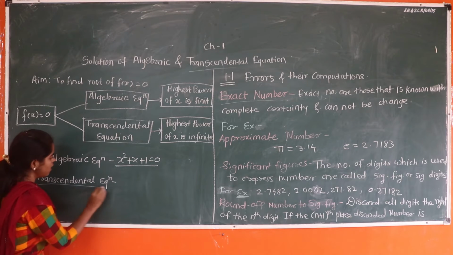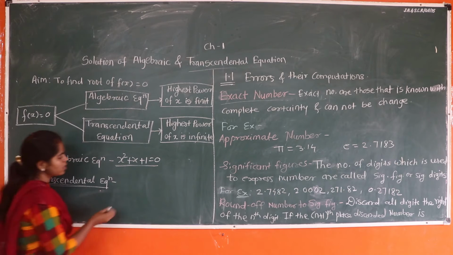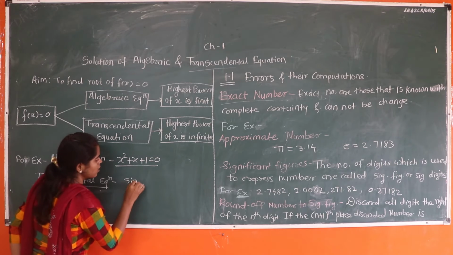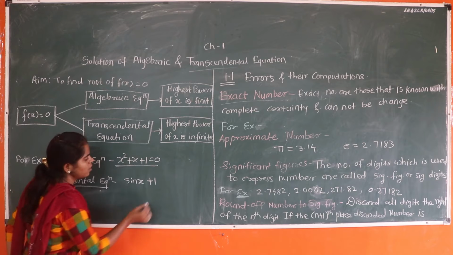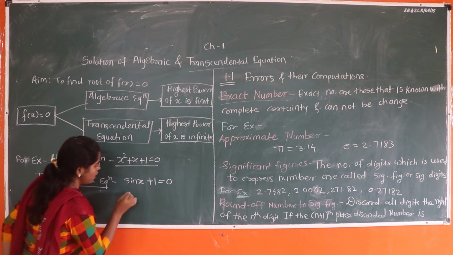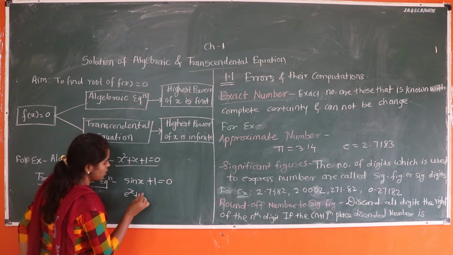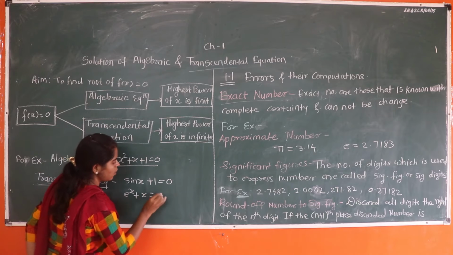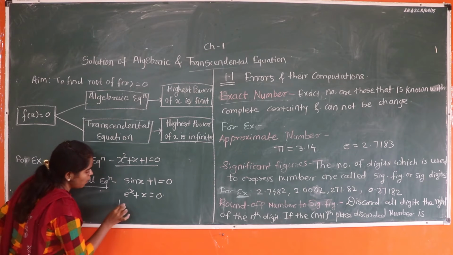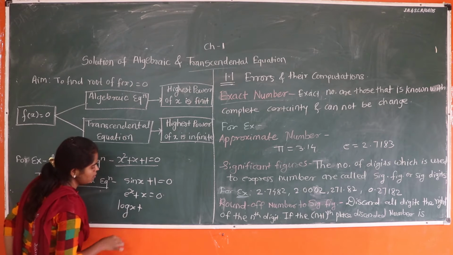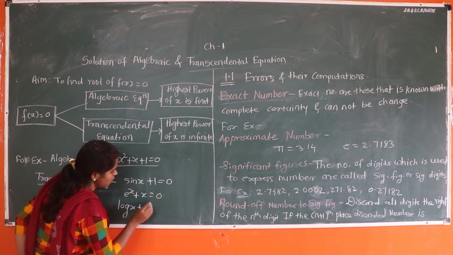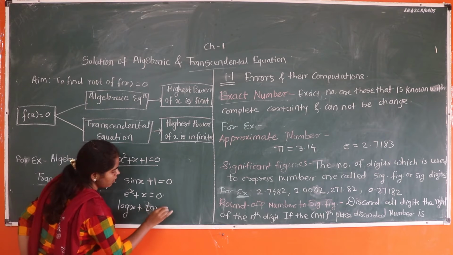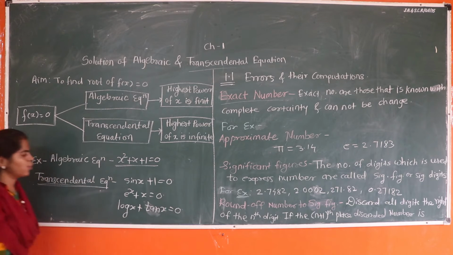This type of equation is called an algebraic equation. And in a transcendental equation, for example, sin x plus 1 is equal to 0, e raised to x plus x is equal to 0, log x plus tan x is equal to 0.